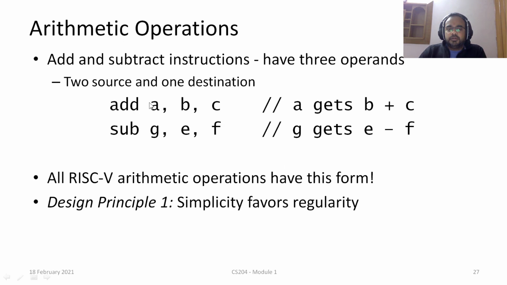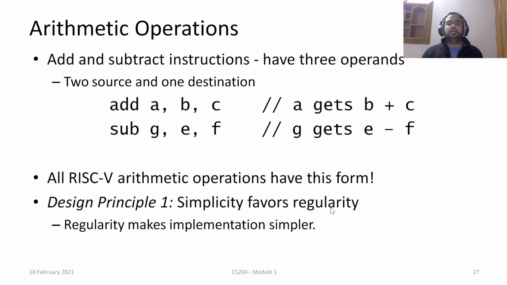So the primary motivation for the RISC-V designers to make the format uniform is to have some regularity. So what does regularity bring in? It brings simplicity in the implementation. And when we say implementation, the hardware that would actually understand these instructions and perform the operation that is given as part of the instruction will be simpler, right?